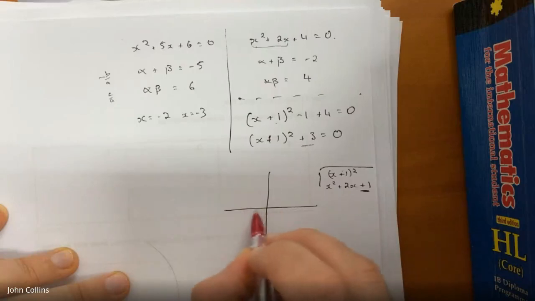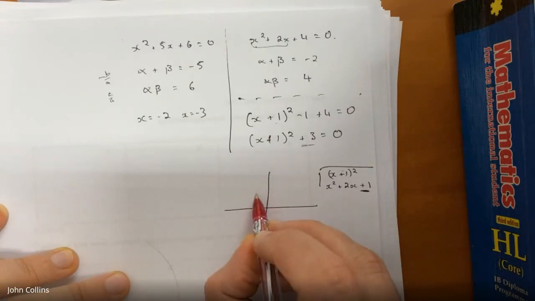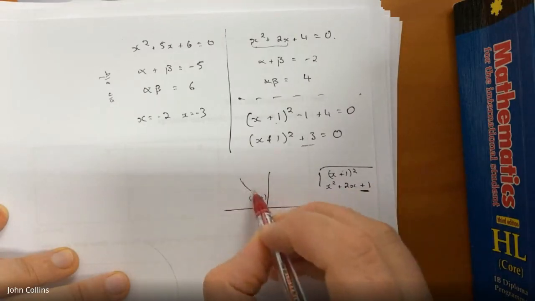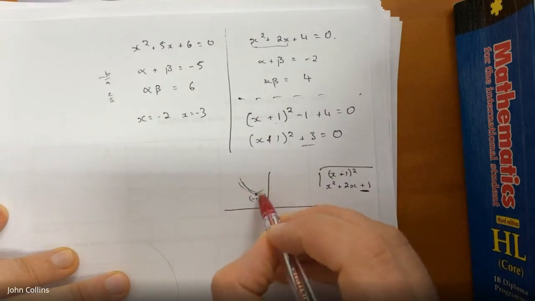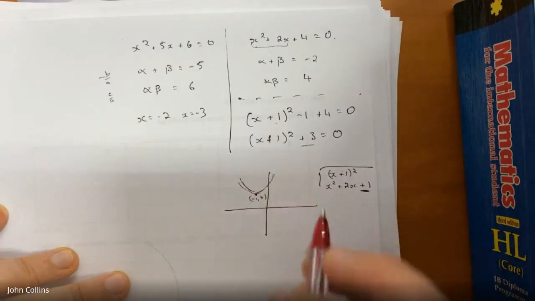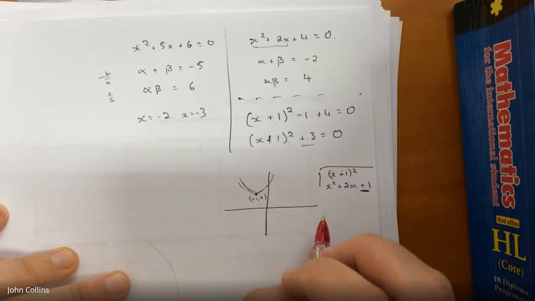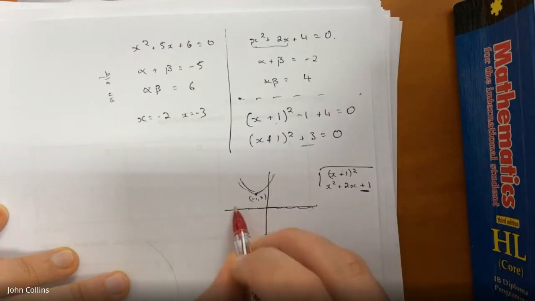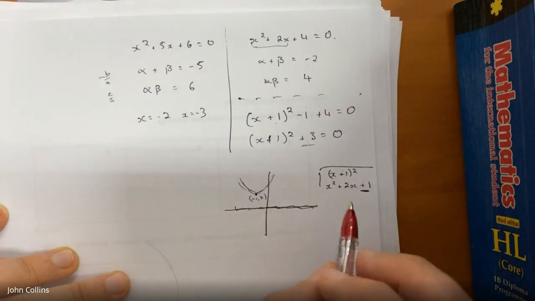So the vertex is going to be at minus 1, 3, and it's going to go through 4 here. So maybe that's a sketch of that. Now we can see that the roots of this equation don't exist. They're not on the real number line, are they?